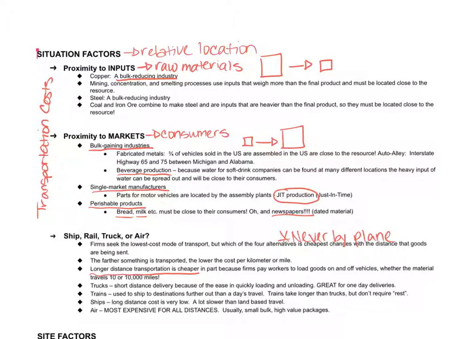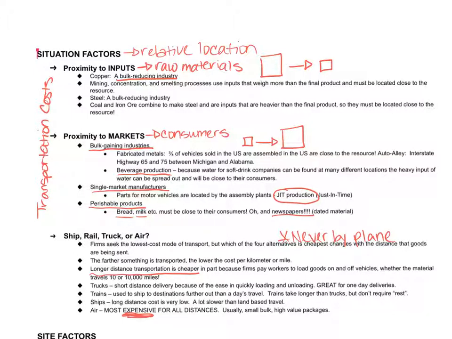No, right? They always weigh them, and they get real picky about how much you're taking onto the plane. That's because a plane has to be under a certain weight if you want it to fly in the air. So that's why plane is always the most expensive. Most of your stuff does not come by plane.